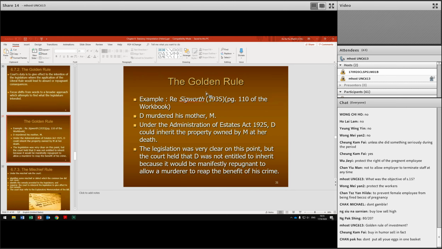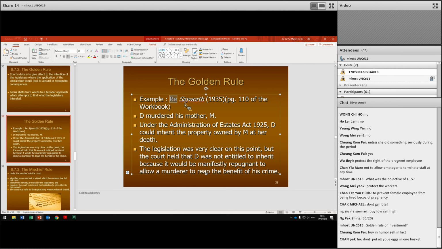It can be illustrated by a case called Re Sigsworth. First of all, "Re" means in relation to, 有關於. It's a very common term in case names. Usually it means the case is in relation to a family.